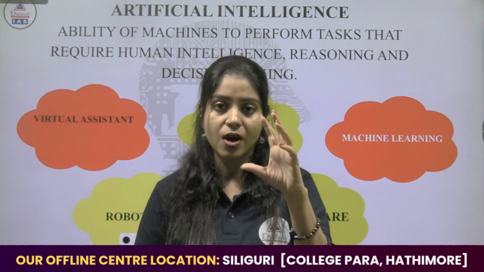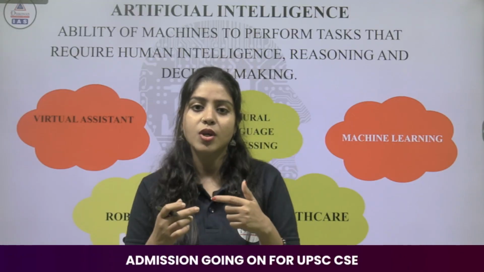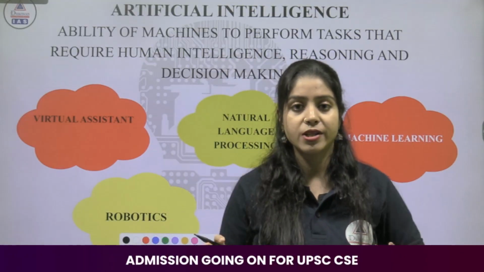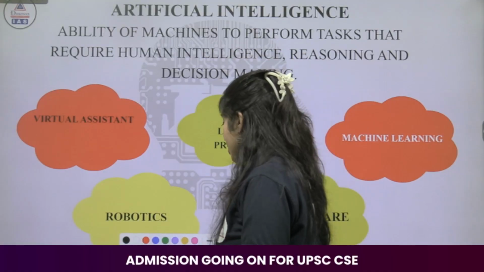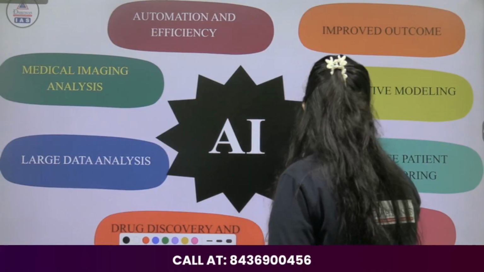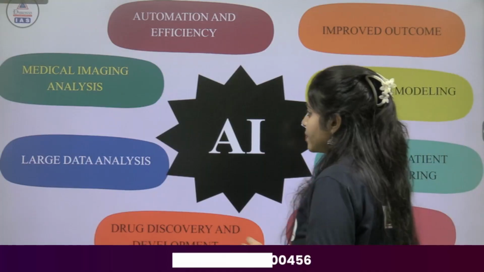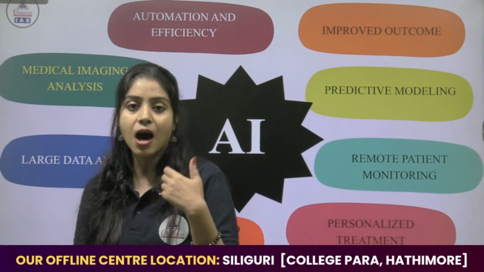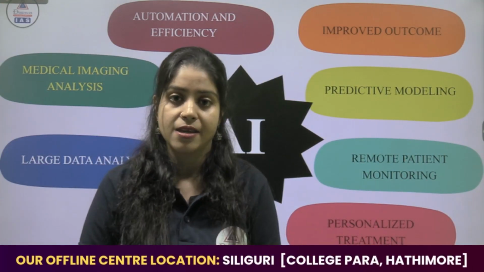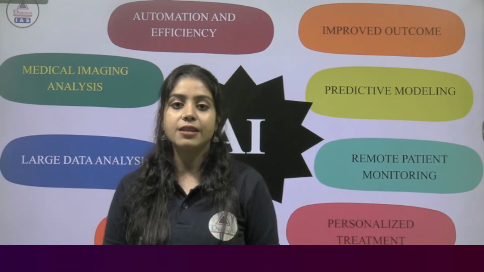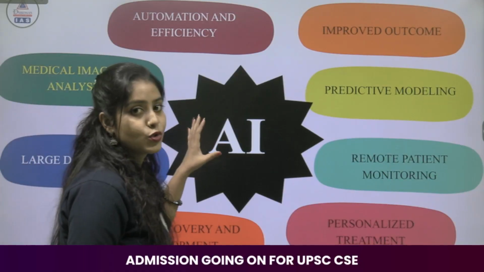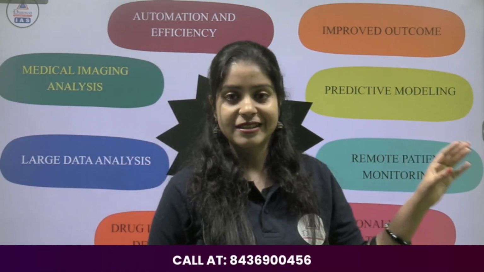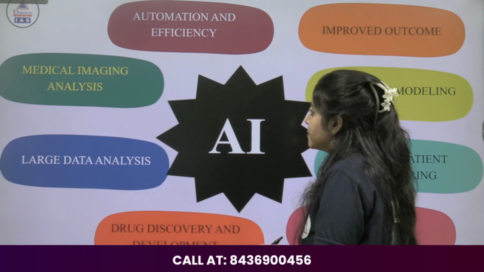So you have to focus on, or elaborate, these key points for the first part of your question. Now moving on to the next part: how you can use AI in the healthcare system. In the case of the healthcare system, what can we do with artificial intelligence?